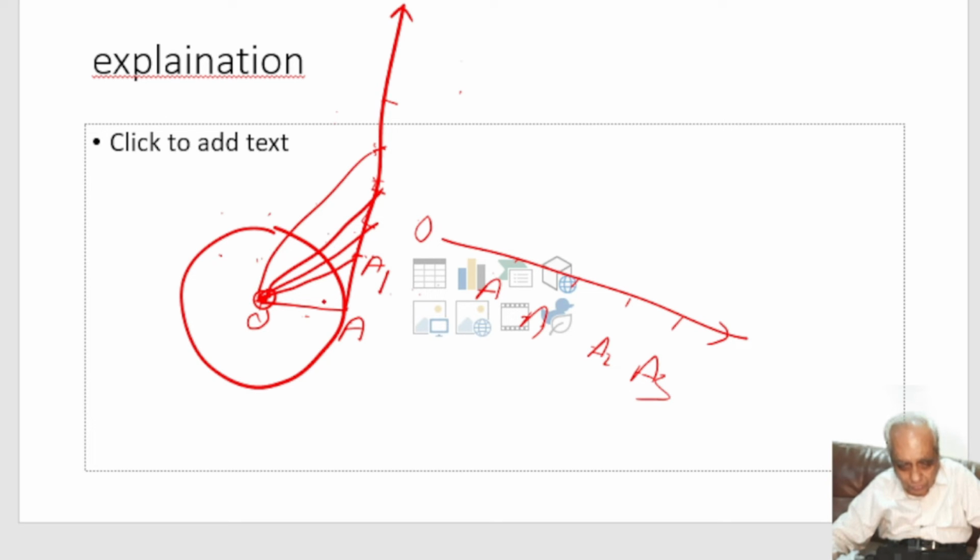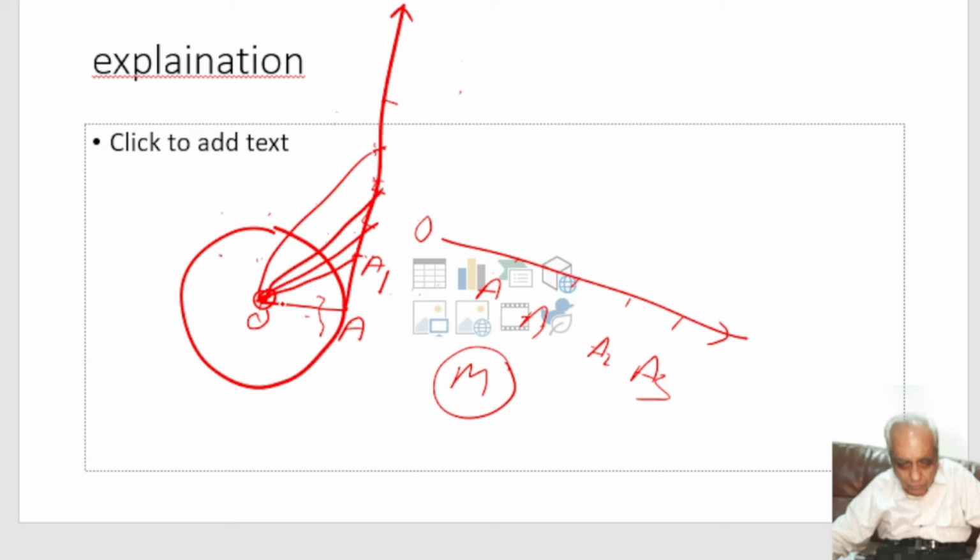Now suppose the string breaks at this point, when the string was at OA. Then the stone will travel along the tangent to the radius OA, because the velocity is tangent, as seen by the observer outside, who is stationary.